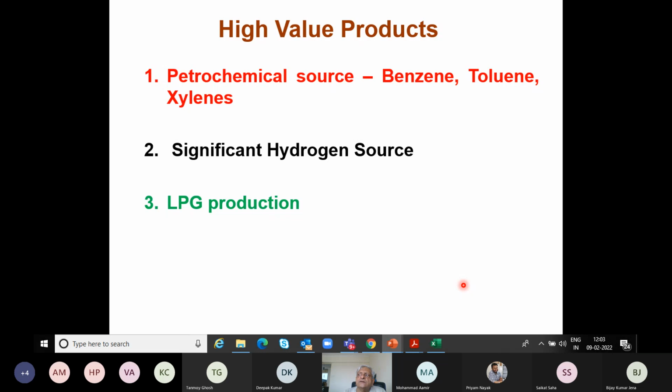But the major aim of running the reformer is to make paraxylene. And as you know, Reliance is the third largest producer of paraxylene in the world. This paraxylene is all produced in Jamnagar, in the two catalytic reformers, which are very huge. In fact, each one of them is about 6 million ton per annum. So you can understand the importance of this technology.